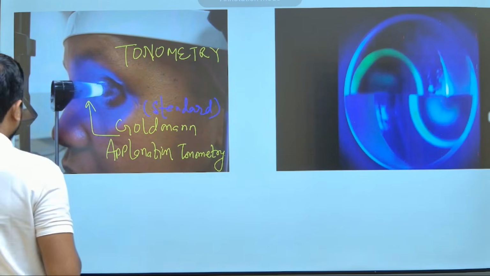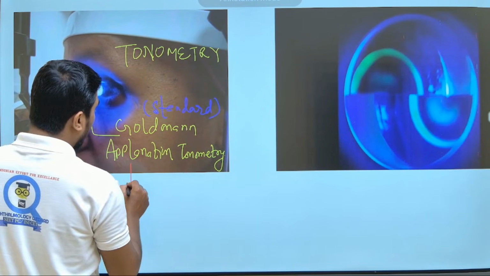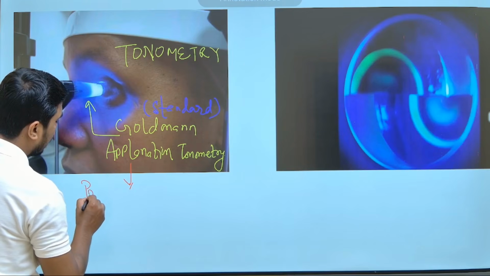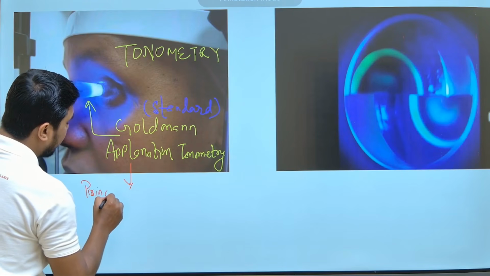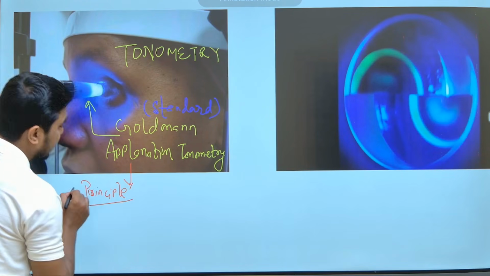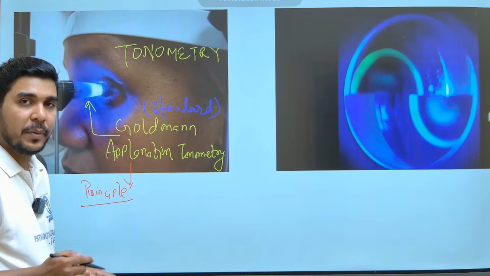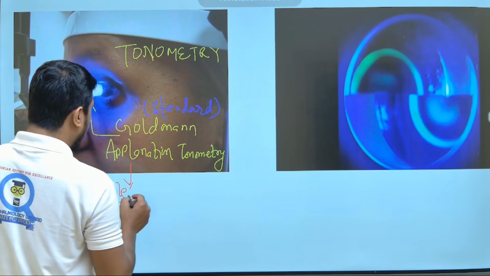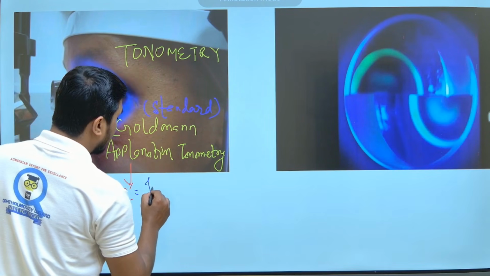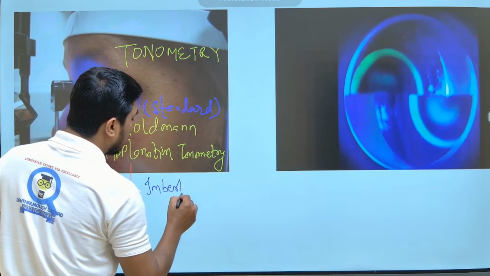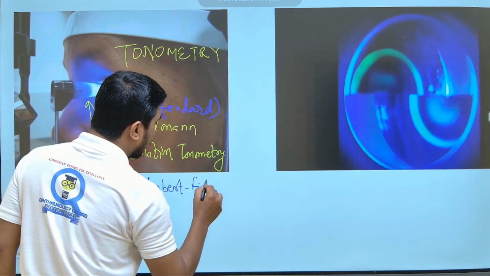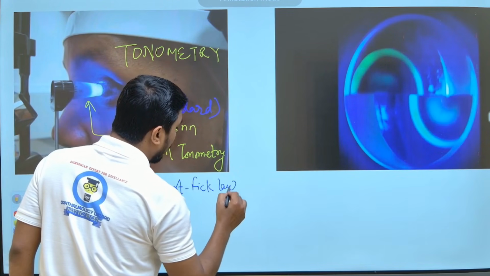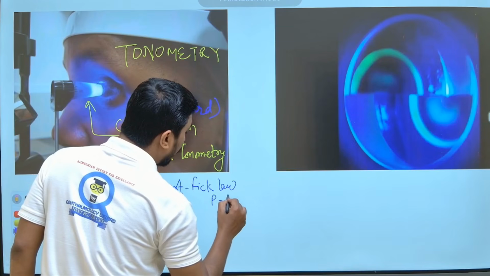Another MCQ that they can ask is the principle on which this applanation tonometry is based. The principle is the Imbert-Fick law, where P is equal to force by area.